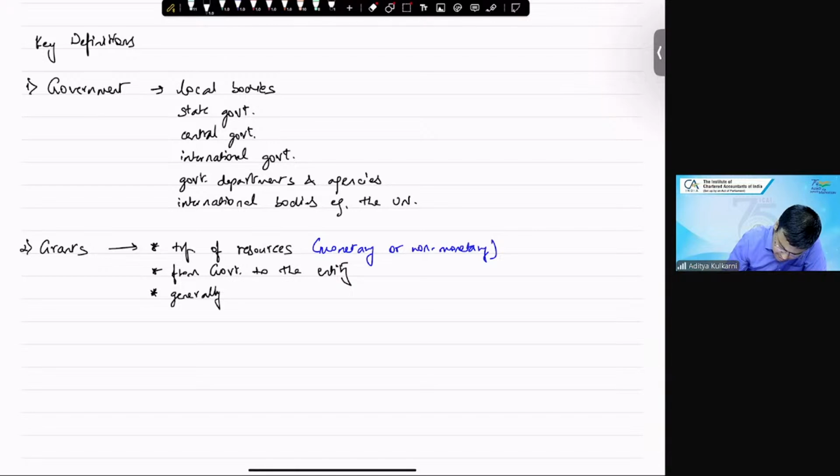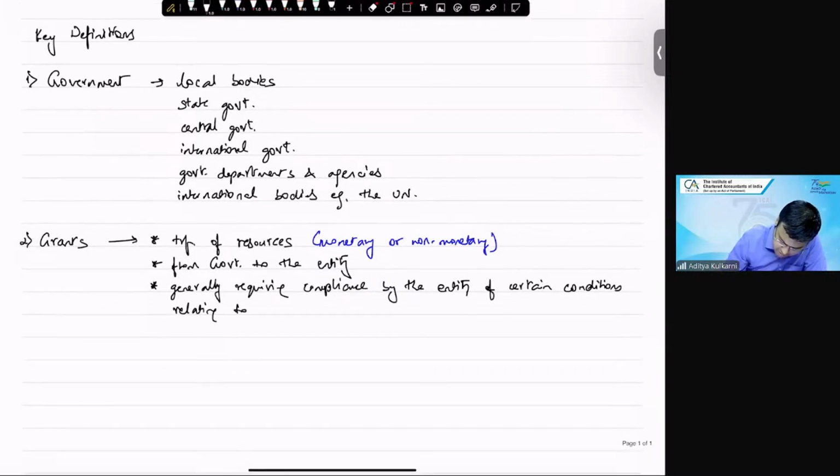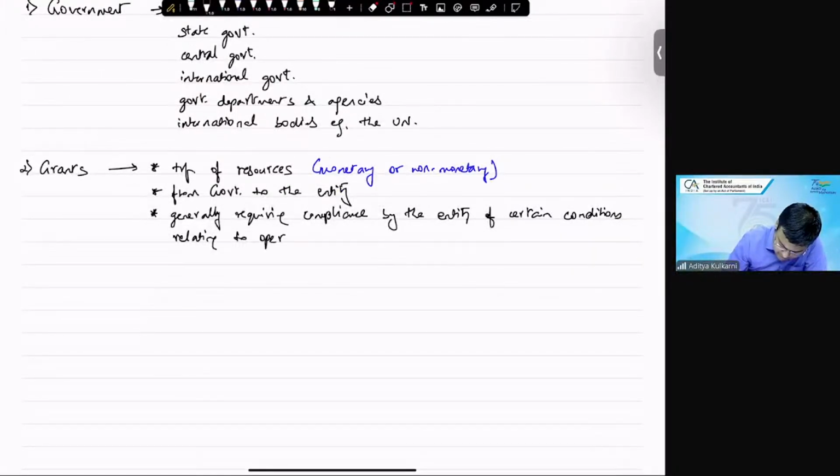Generally requiring compliance by the entity, compliance of certain conditions relating to operating activities. Okay, fair enough. Easy to remember, easy to understand. Okay, excludes.